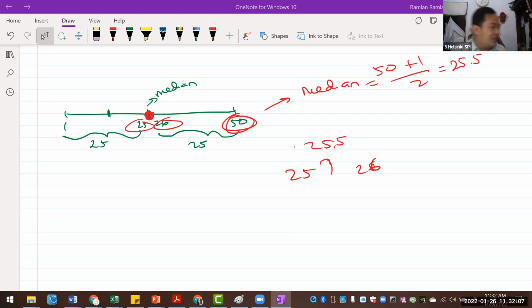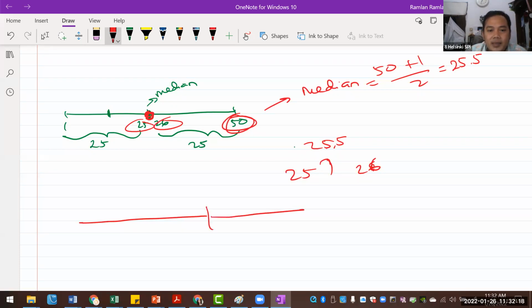Oke, lanjut. Teleponnya mati. Oke, so again, karena tadi kan yang sampai 50 gitu ya. Ini datanya kan sebenarnya dari 2 gitu ya. Di mana data ke 1 sampai 25 itu ada di sebelah kiri, data ke 26 sampai ke 50 ada di sebelah kanan.